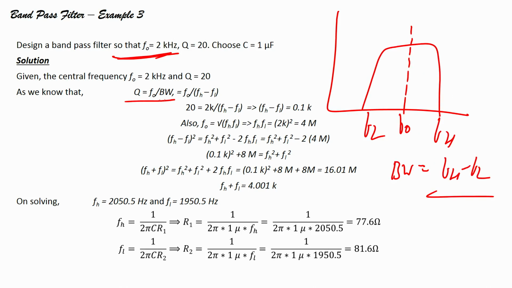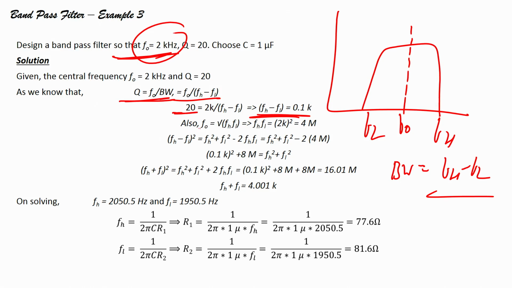We have written Q equals FO divided by bandwidth, FO divided by FH minus FL. Substituting, Q equals 20, FO is 2 kilohertz, divided by FH minus FL. So, FH minus FL will be 0.1 K.